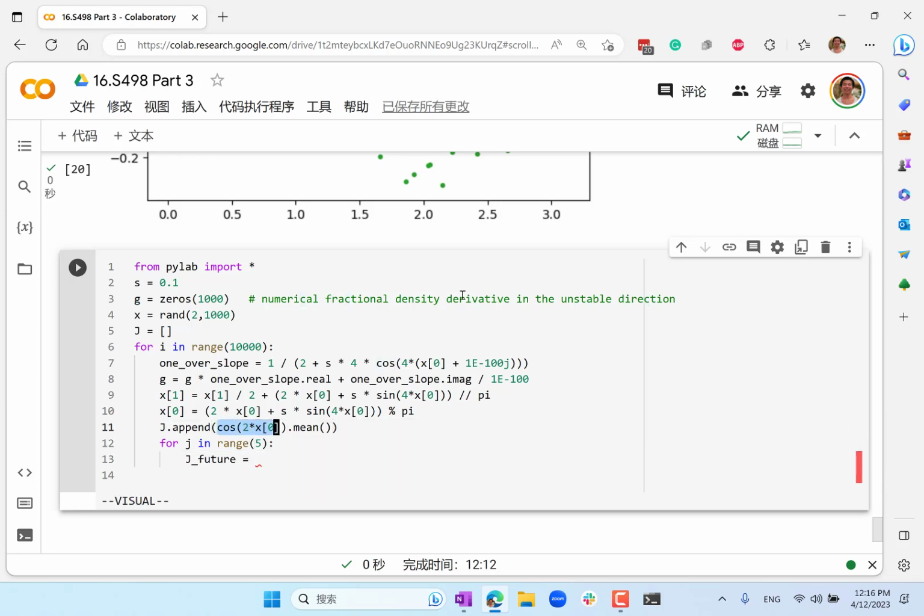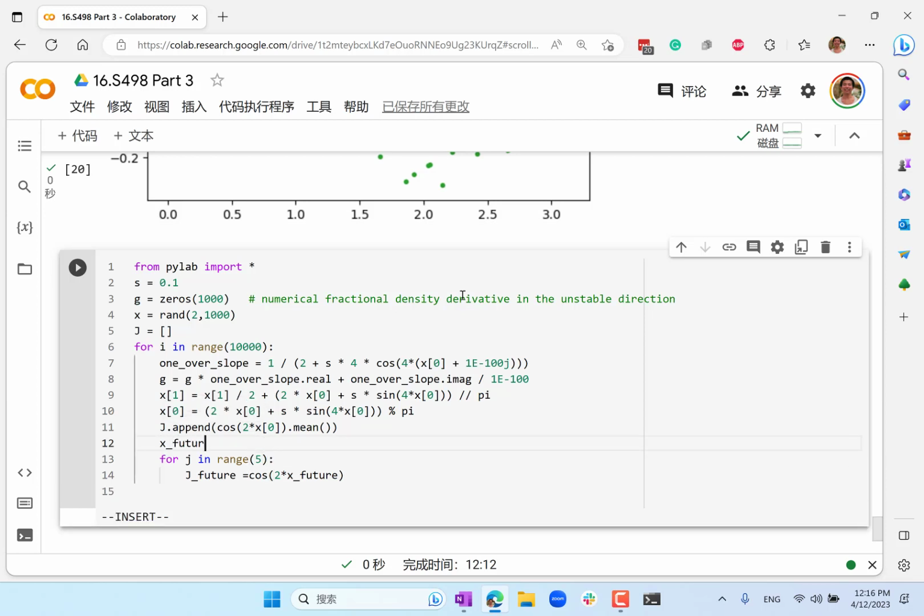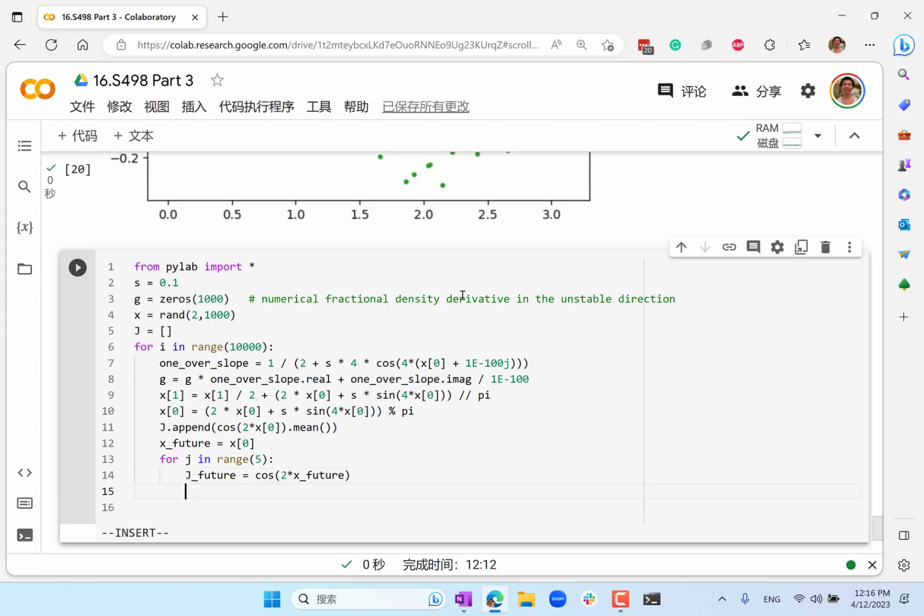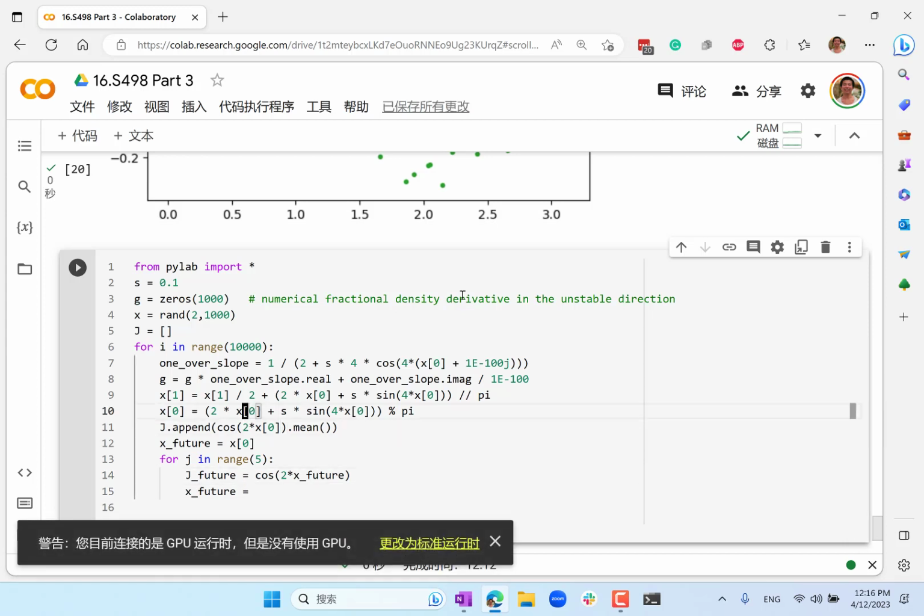let me say x future, right? Let's set x future equal to x0, and x future follows the same dynamics as this.